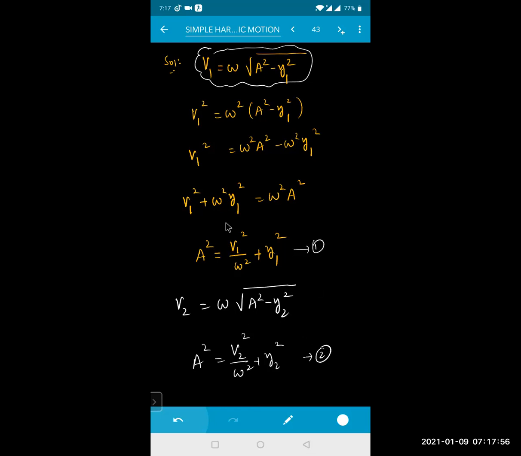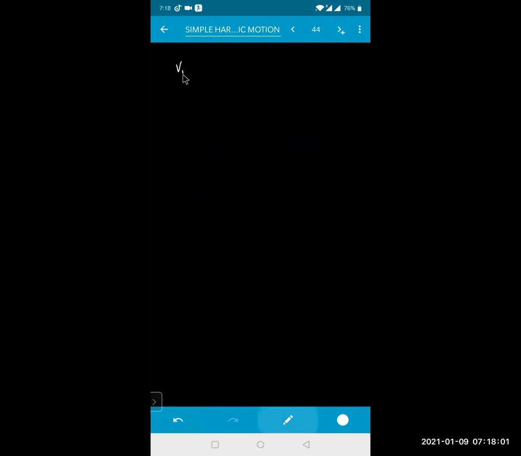You equate both of them right now because this is a square, this is also a square. So equating both of them, I'll get v1 square divided by omega square plus y1 square is equal to v2 square divided by omega square plus y2 square.